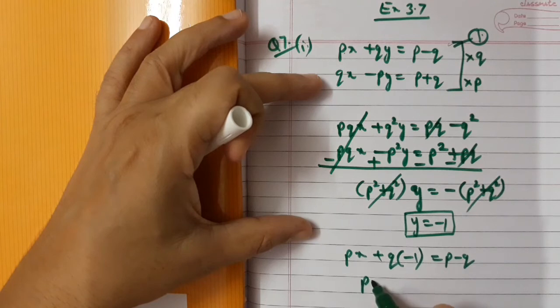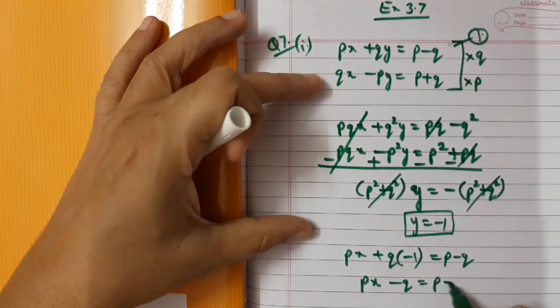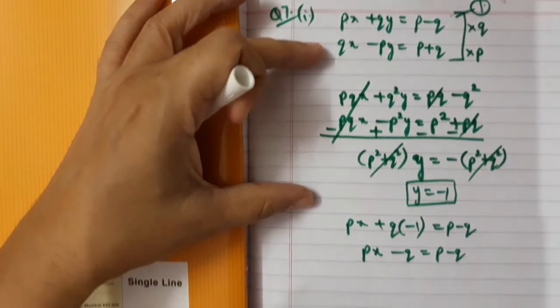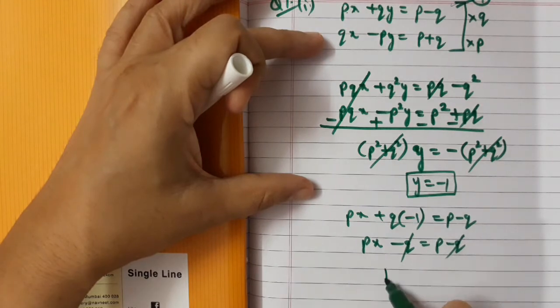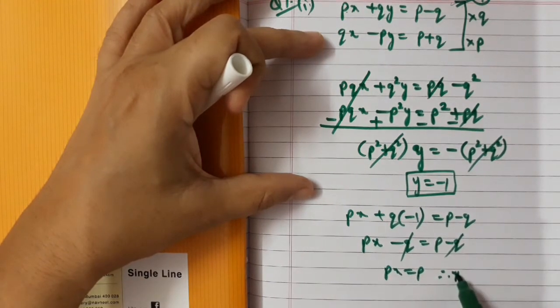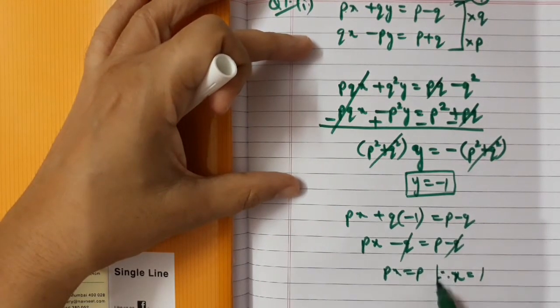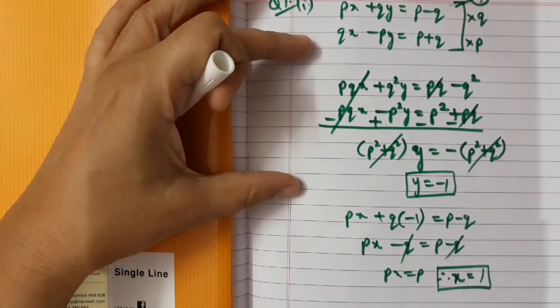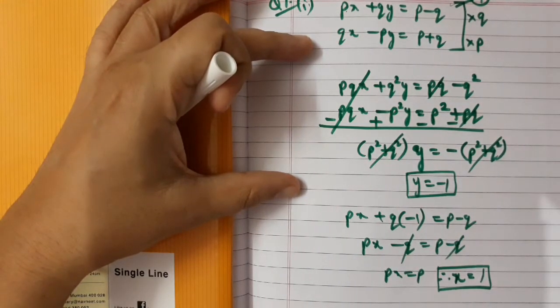This on further simplification gives us px minus q is equal to p minus q. So minus q and minus q get cancelled. So we obtain px is equal to p, or the value of x comes out to be p upon p, that is 1. So this is your final answer. X is 1 and y is minus 1.